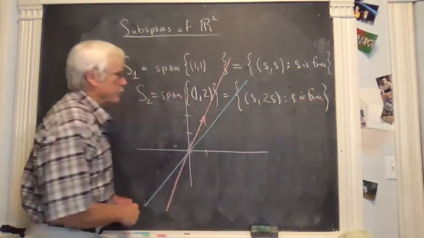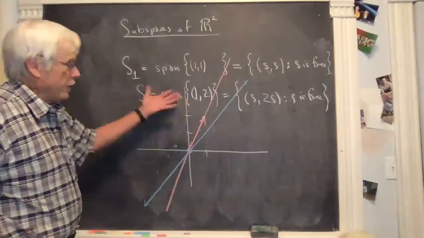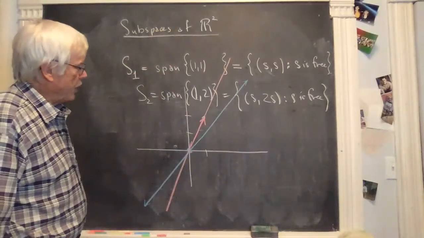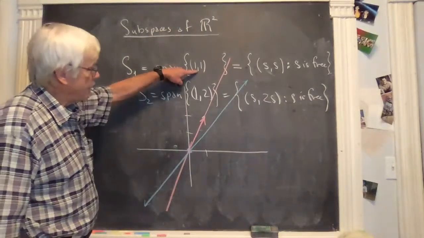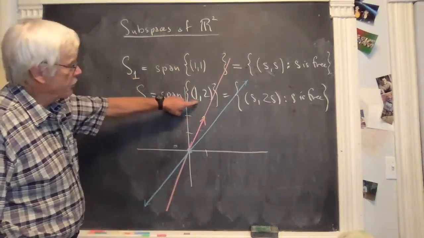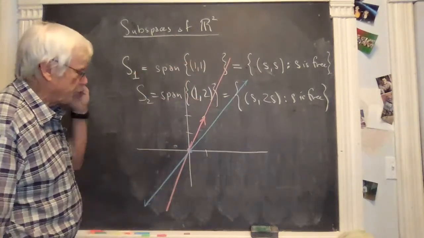This is also a subspace. So every line through the origin in R2 is going to be a subspace, and each one of these is 1D because each one of these is linearly independent. So these are 1D subspaces.